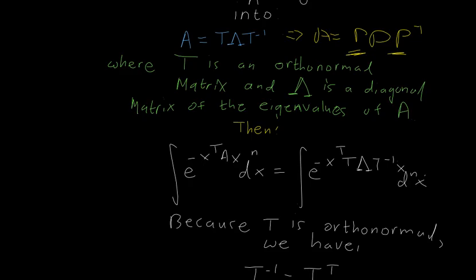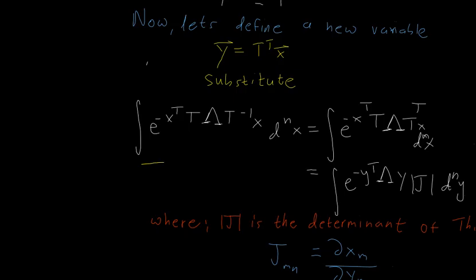Okay, so that's interesting. Now, why am I defining a new variable? It's going to make more sense. I'm just going to substitute it into my previous integral. Okay, that integral right there. And then this integral now will be e to the negative x transpose times T lambda T transpose x dnx, right?